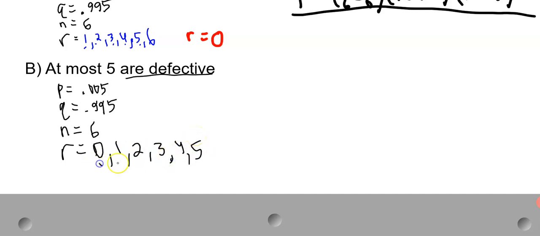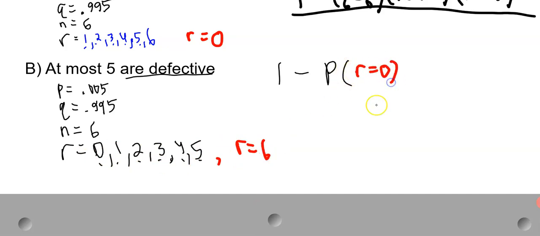So I could do the binomial theorem 6 times, add up all those different probabilities and get my answer. Or 1 minus the probability that, in this case, what's the only other case? The opposite is R equals, let's see, 6. So the probability that R equals 6 here. And then I would just plug that into the formula.